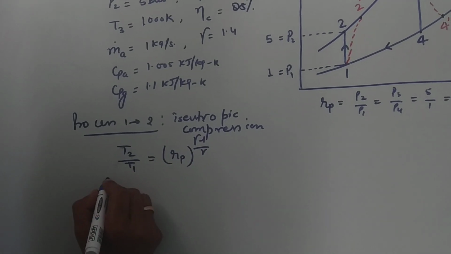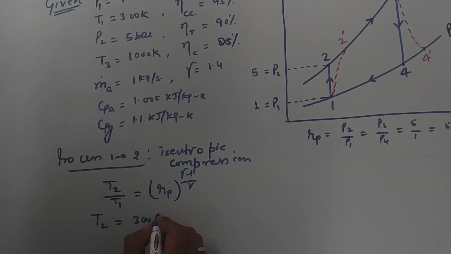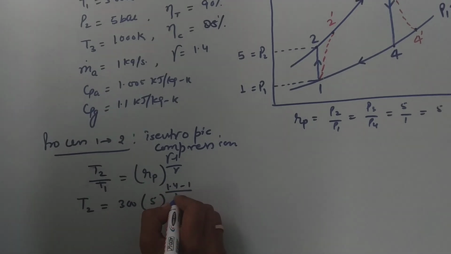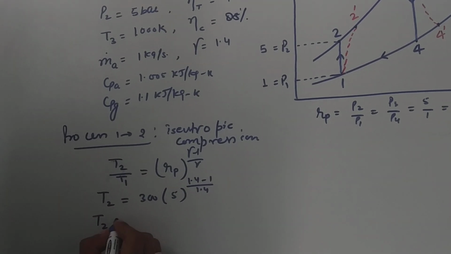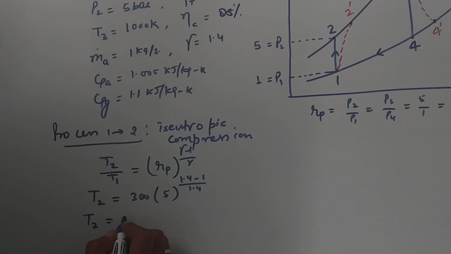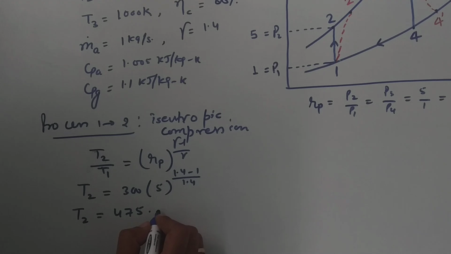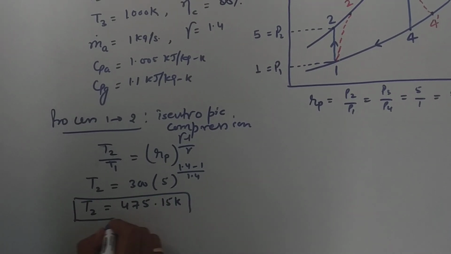So T2 is equal to T1 times Rp to the power gamma minus 1 over gamma, with T1 as 300 Kelvin, Rp as 5, and gamma as 1.4. After calculating, you will get T2 equal to 475.15 Kelvin.